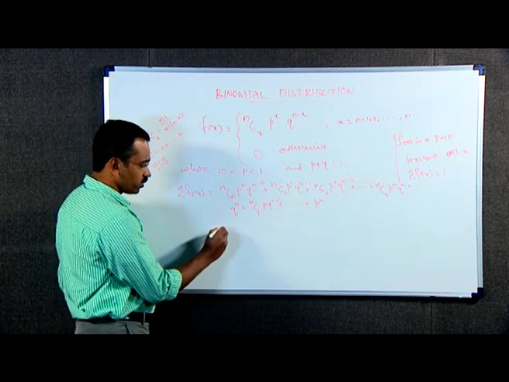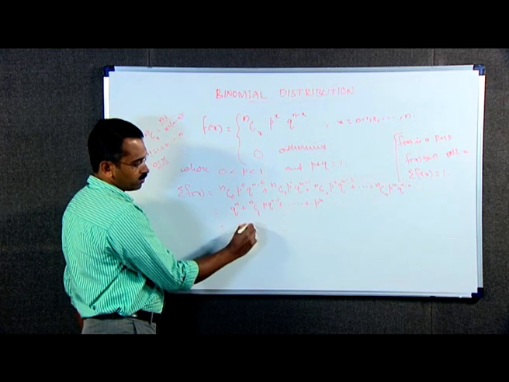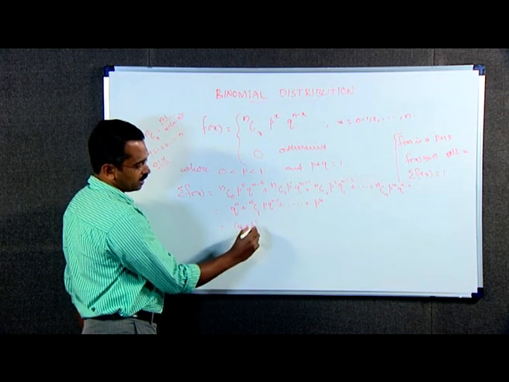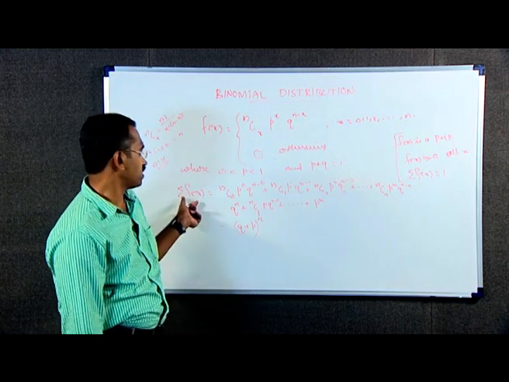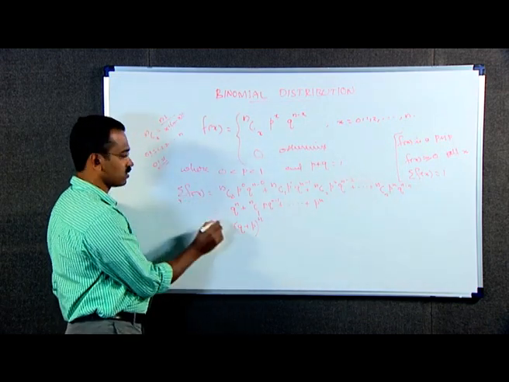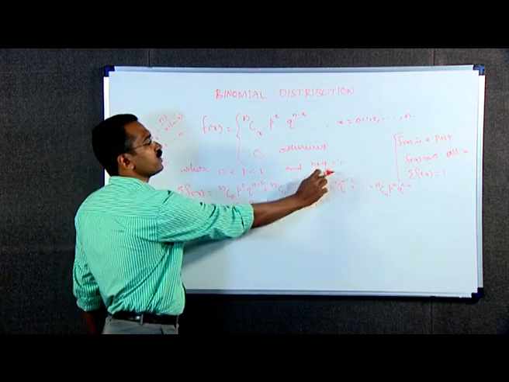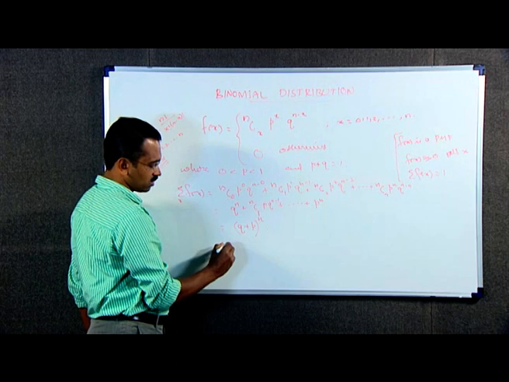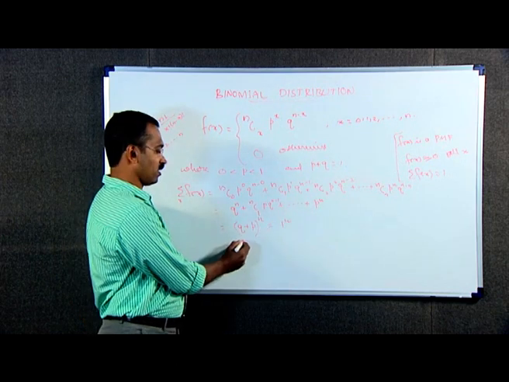This is the binomial expansion of q plus p all raised to n. That is, summation over all x f of x is equal to q plus p all raised to n. Here q plus p is equal to 1. Therefore, this is equal to 1 raised to n, which is equal to 1.